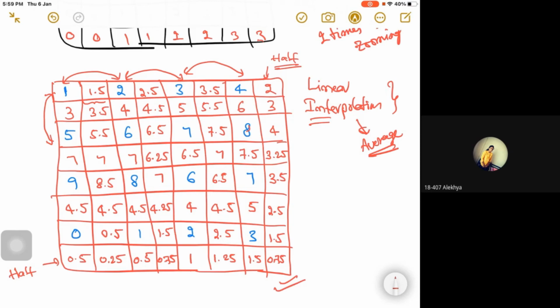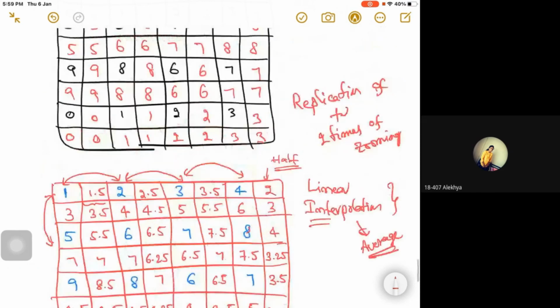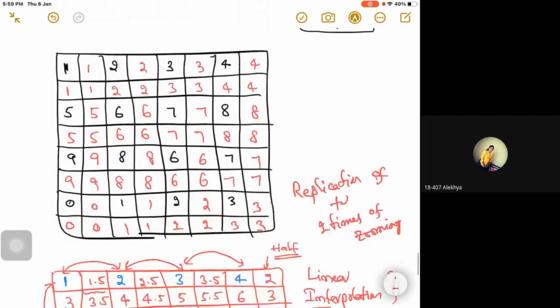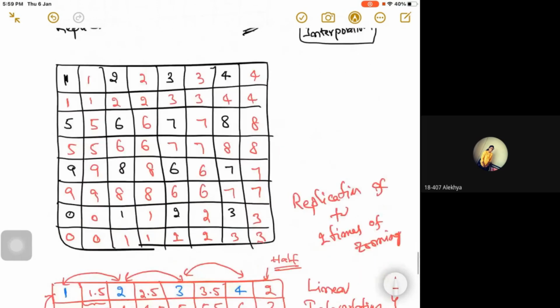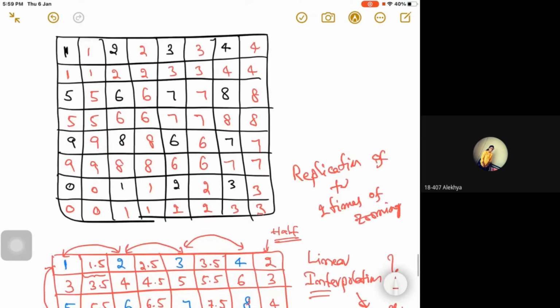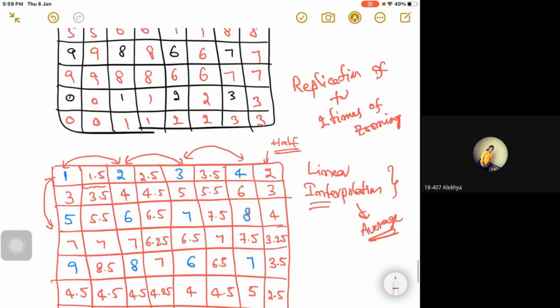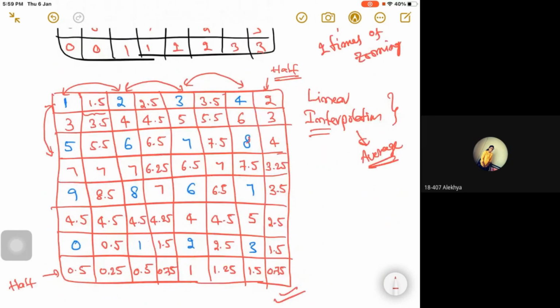So interpolation and replication are the two types of zooming techniques. In the replication process, we are using the same pixel value, so that the intensity is the same four times. Whereas in linear interpolation, we are taking the average of the adjacent two, and for the edges, we are taking the half of that.